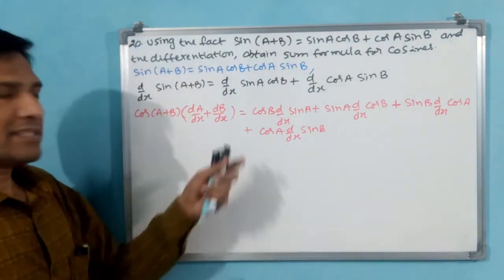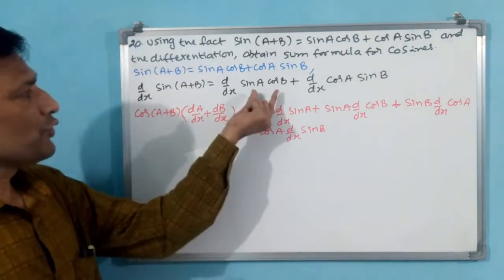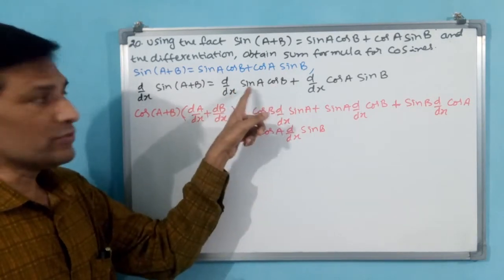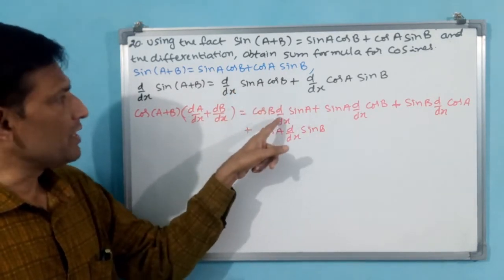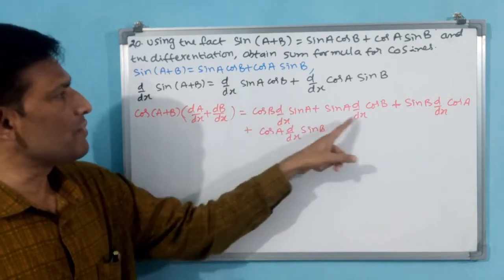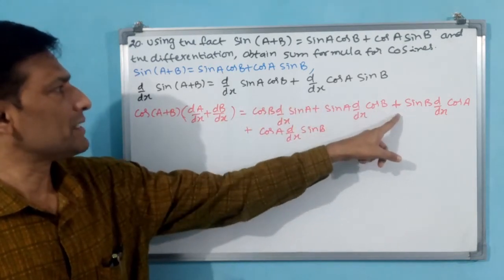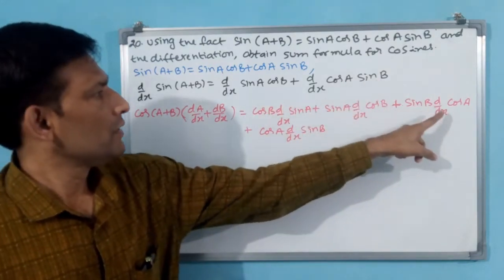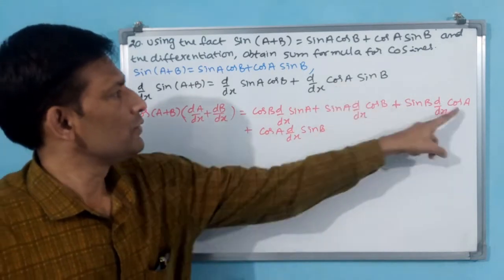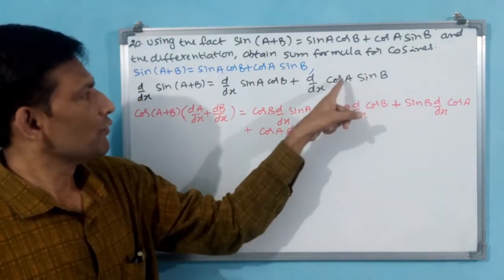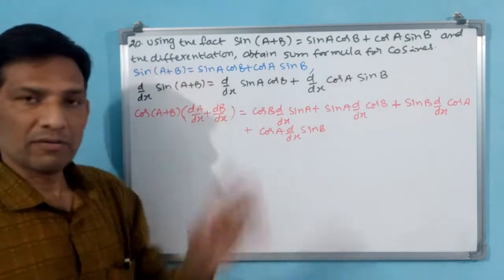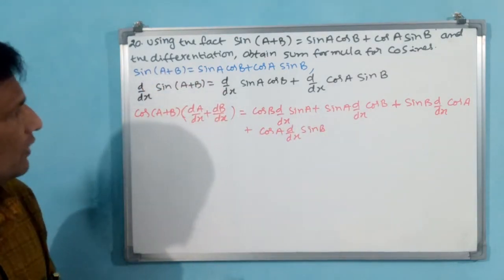First of all, see whether it is correct or not. You see, u into v like you take. Sin a is u, cos b is v. v d by dx of u plus u d by dx of v. Okay? Definitely okay. Now proceed further.